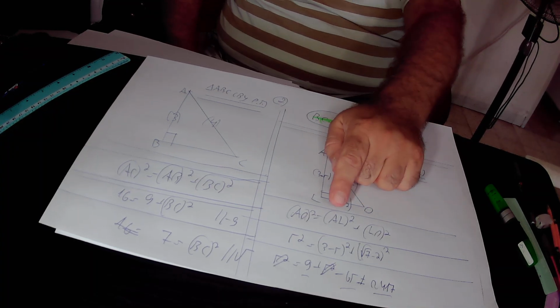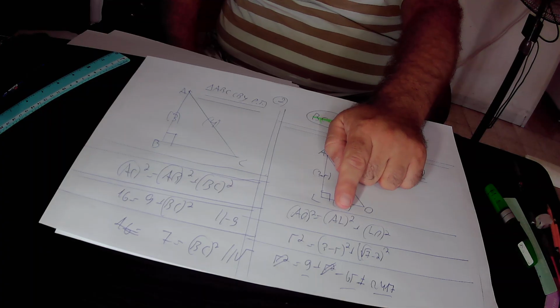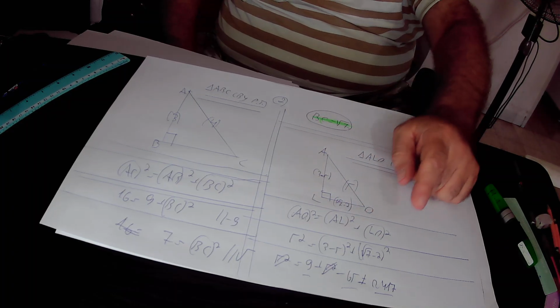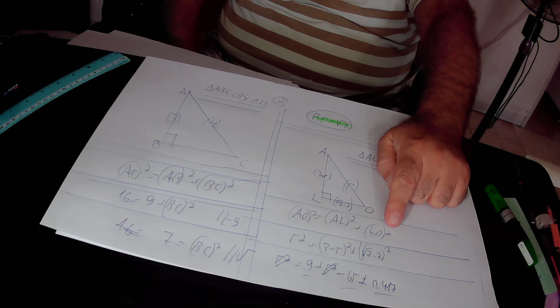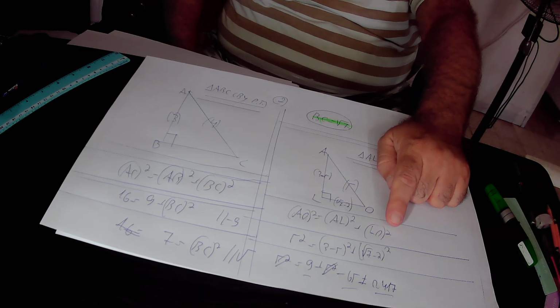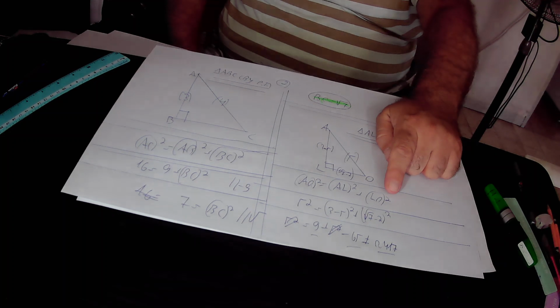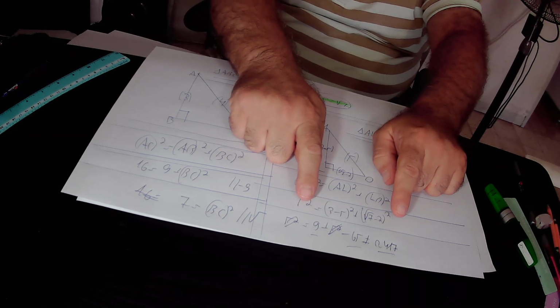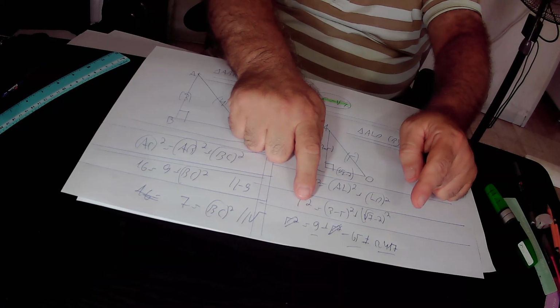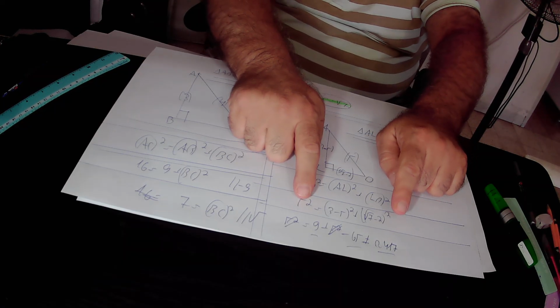So R squared equals (3 minus R) squared. (3 minus R) squared equals 3 squared, that is 9, plus R squared, plus 2 times 3 times R, that is minus 6R, plus (square root of 7 minus 2) squared. (Square root of 7 minus 2) squared in total equals 0.417. So R squared equals 9 plus R squared minus 6R plus 0.417.